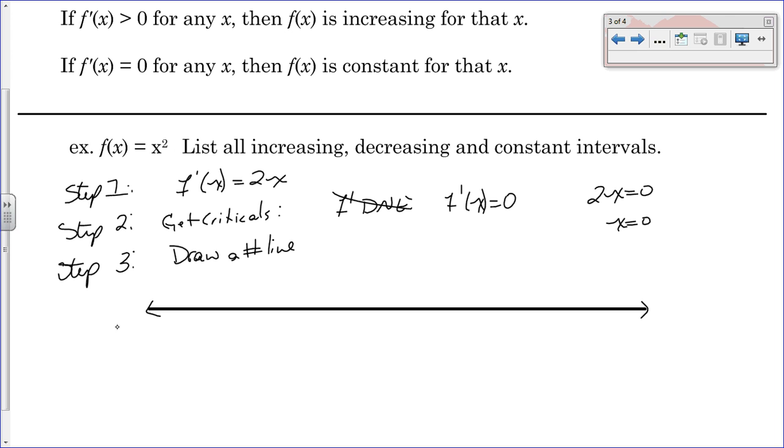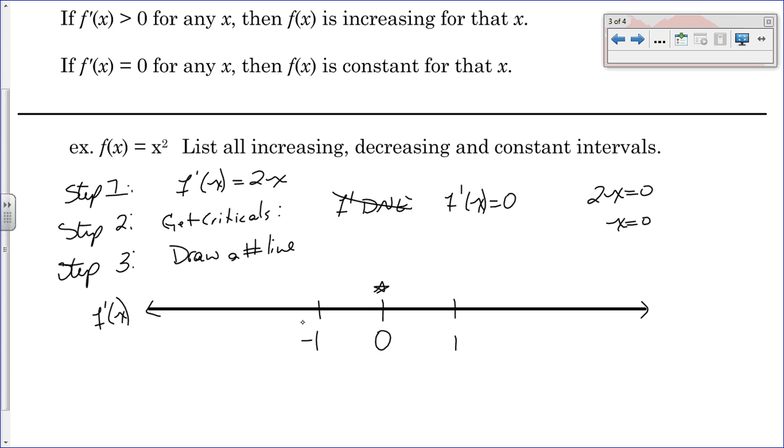Don't forget that this represents f prime of x, not f of x. So plot our criticals. In this case, we only have 0. Then let's go to a point on either side, so 1 and -1. And I'm going to star this so we remember that's our critical value.